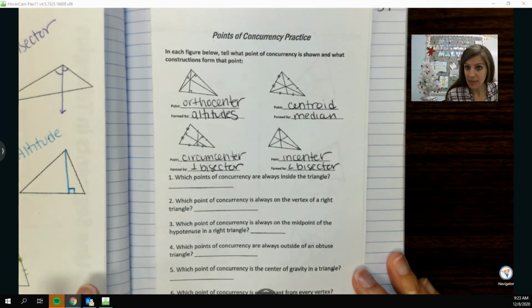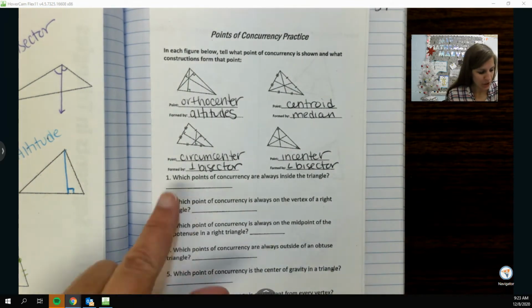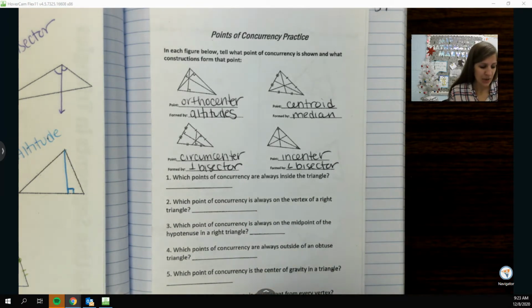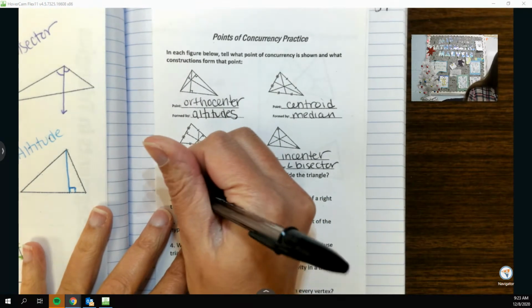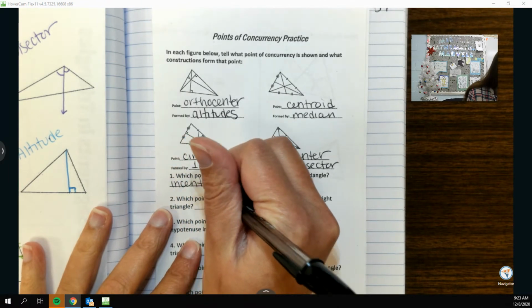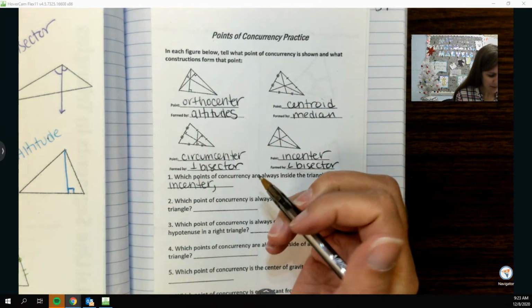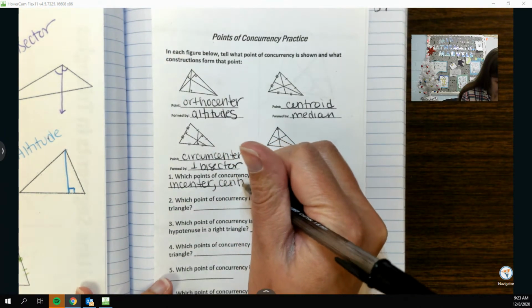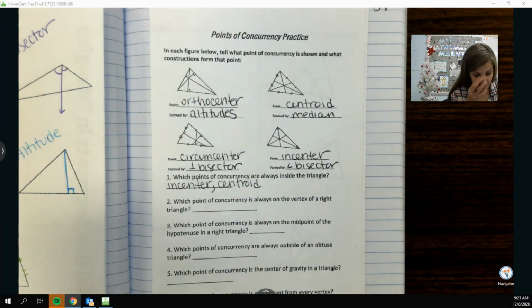So then we just want to think about other ways that we can talk about these centers. Which point of concurrency are always inside the triangle? So the incenter will always be inside, no matter what type of triangle I have. Also, the centroid will always be inside.